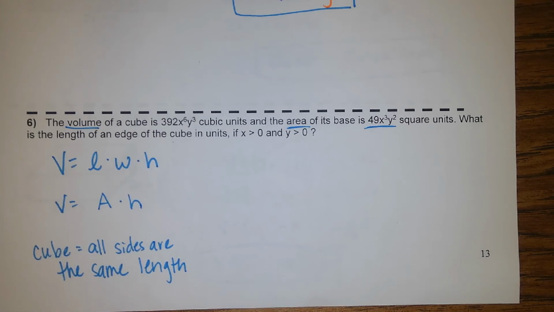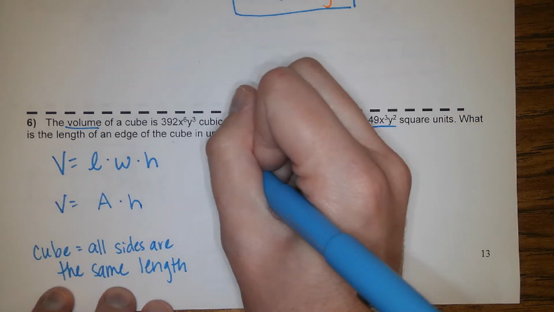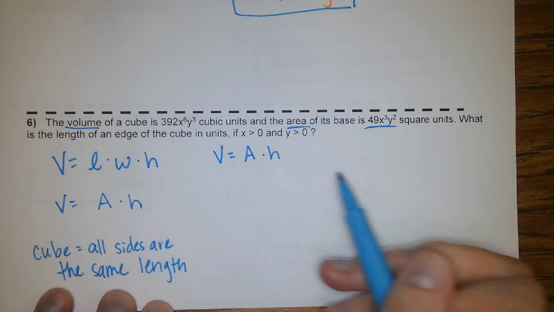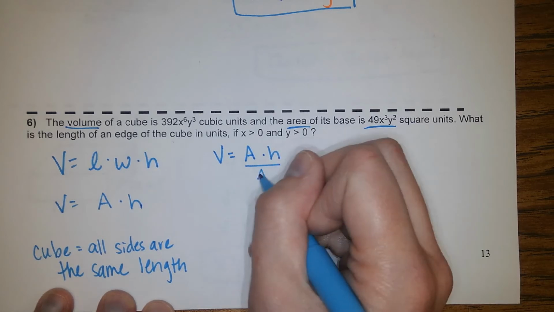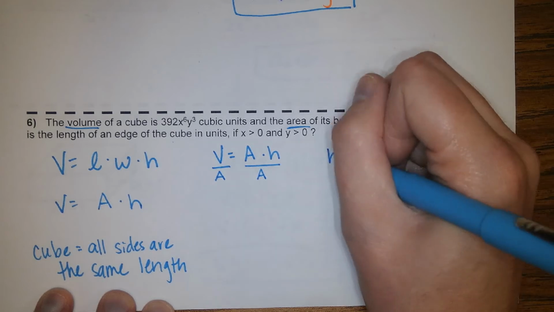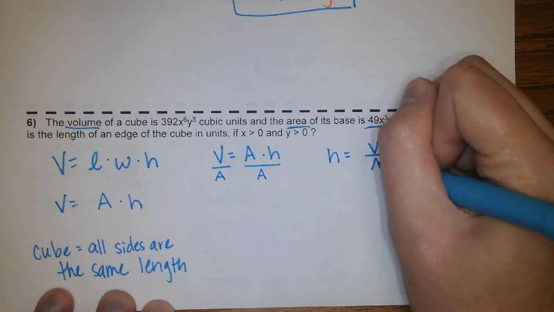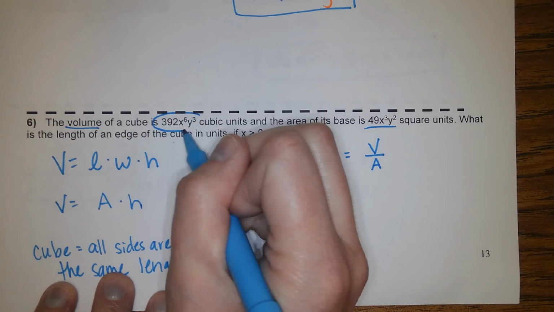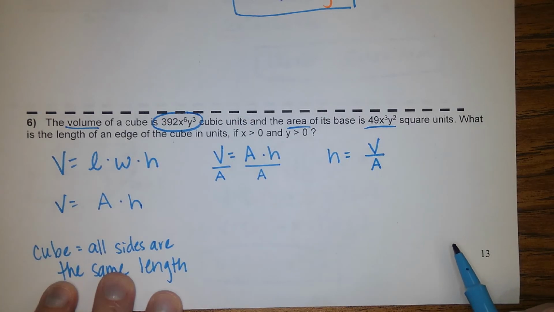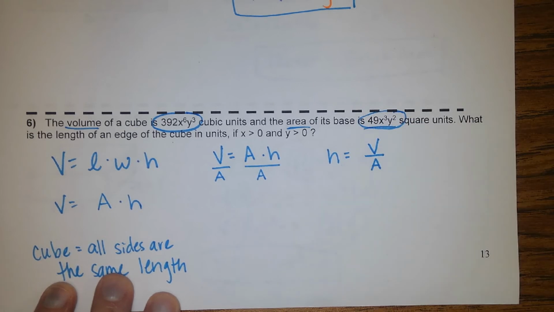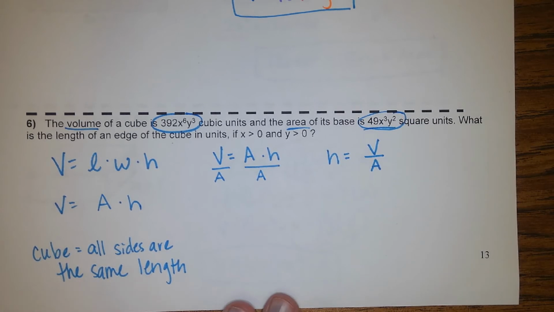All right, and so if we were going to rewrite this, if our volume is equal to our area times our height, and we wanted to find the length of one of the edges, like the height, we would need to divide by that area, okay? So then it would be V over A. So we are going to put our volume, which is that 392 x to the 6th y cubed, over our area, which is 49 x cubed y squared.